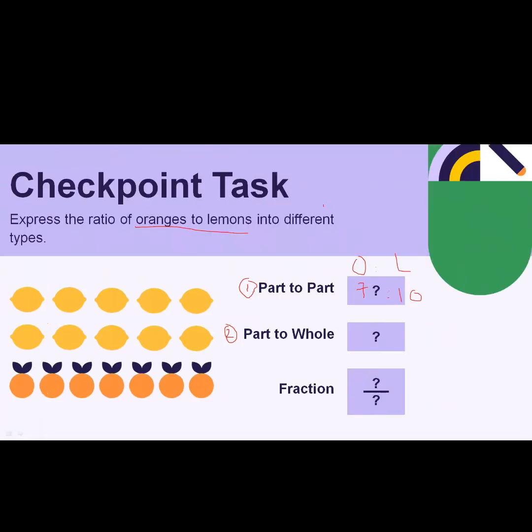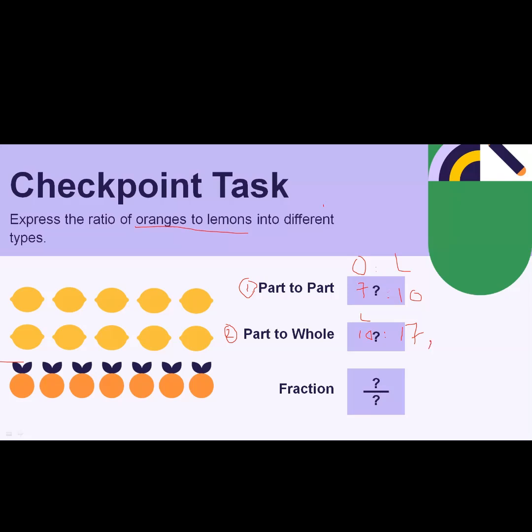And the second one is part to whole. In the second one, you have to consider a part. First of all, if we are considering lemon as a part, it would be 10 lemons ratio, and the total is 17. So 10 ratio 17 if we are considering lemon as the first part.